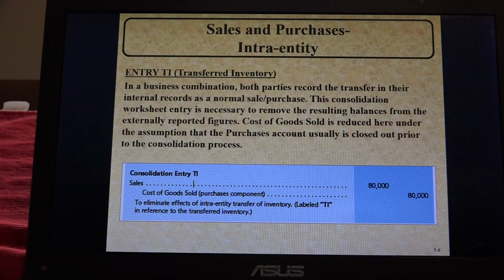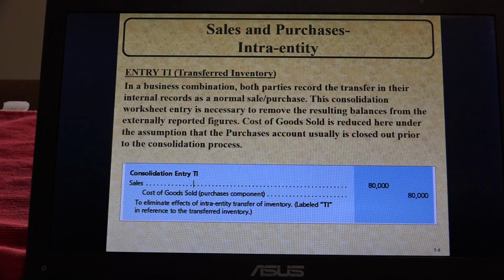And for the purchases, what they're going to do is reduce cost of goods sold, because normally by this time, the purchases account is a temporary account that's been eliminated and transferred to cost of goods sold.